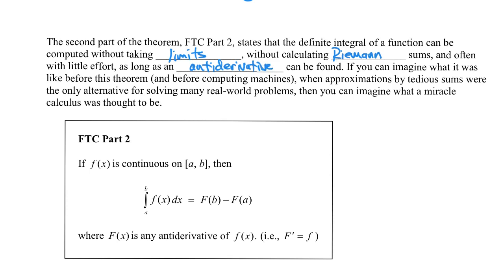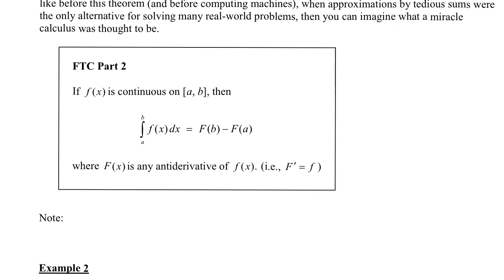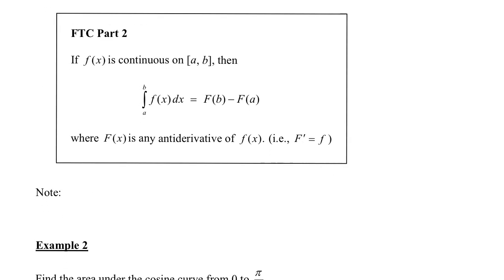If you can imagine what it was like before this theorem and before computing machines, when approximations by tedious sums were the only alternative for solving many real-world problems, then you can imagine what a miracle calculus was thought to be. So here is the Fundamental Theorem of Calculus, Part 2.